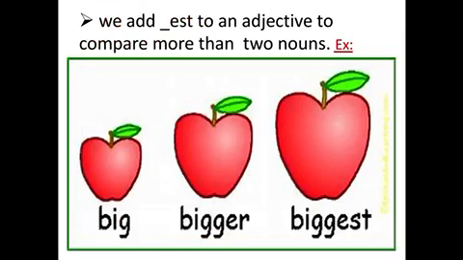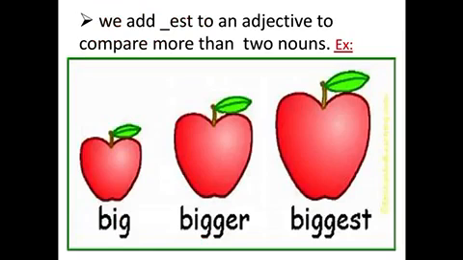We have two objects. But if we look at the third one, we have more than two nouns. So we add est, and simple changes occur to specific words.